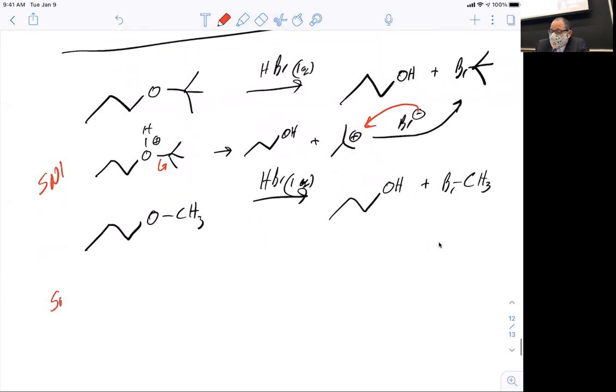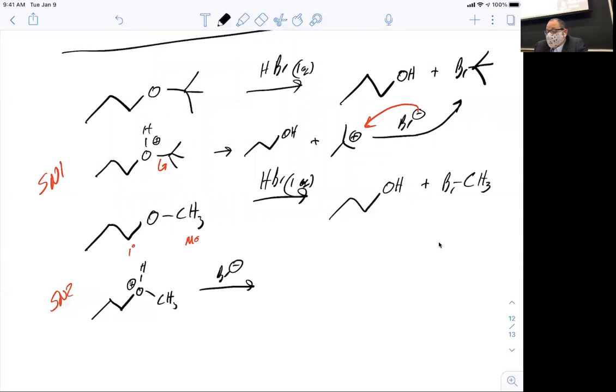In the second step, I do not have either side, right? This is primary, this is methyl. Neither of these sides will make a stable carbocation. So therefore, this is going to go through an SN2 process. As an SN2 process, and again, I'll just eliminate the first step, which is the protonation step, now the question is, which of these two sides is going to be faster to react with the new nucleophile?